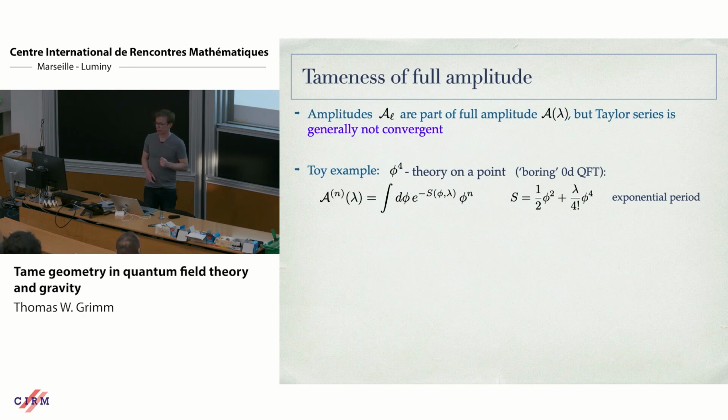So I give you a toy example. This is a very simple quantum field theory, which is embarrassingly simple and maybe doesn't even deserve the name quantum field theory, which is a phi to the 4 theory at a point. And it's essentially just an integral where these amplitudes are integrals of e to some function S, and then phi to the n, where phi to the n are kind of the n particles, if you want.